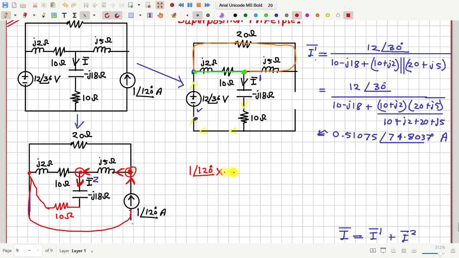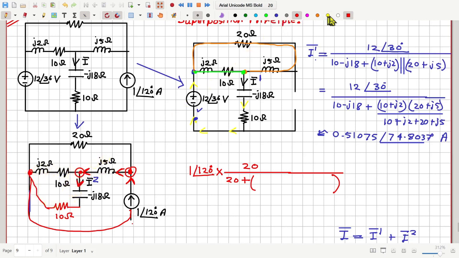That will be this total current multiplied by the ratio of this upper impedance 20 divided by the sum of the impedances of the two possible paths. That means 20 plus the total impedance of this lower path from here to here.